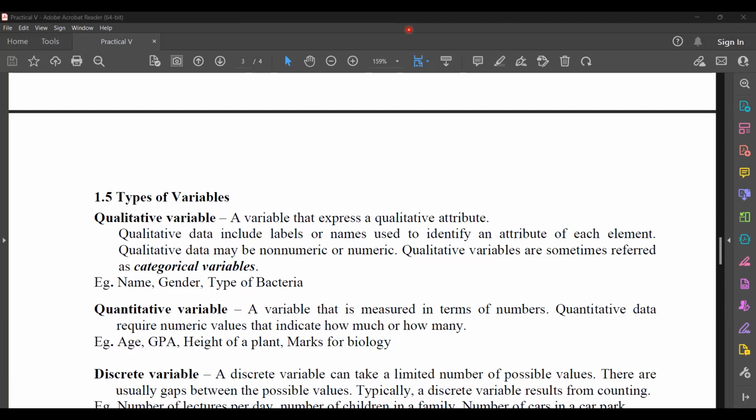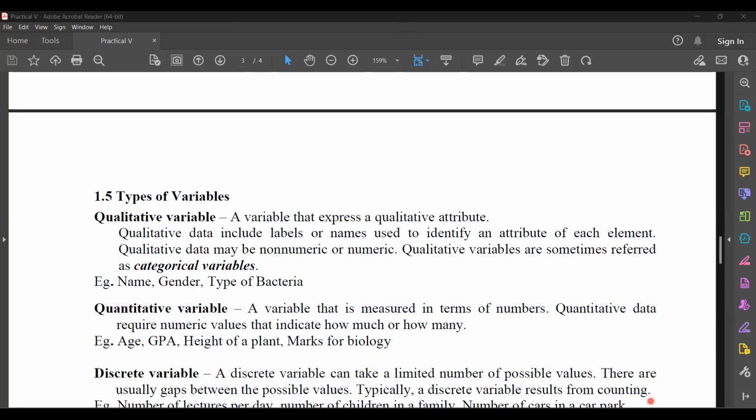Okay. Now, as we discussed earlier, quantitative variables again have two categories: discrete variables and continuous variables.